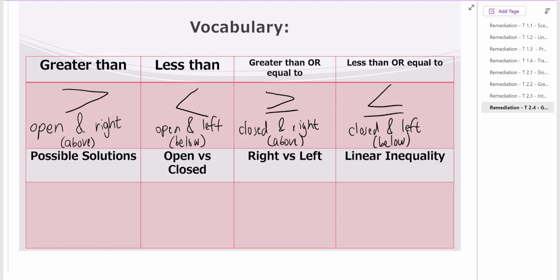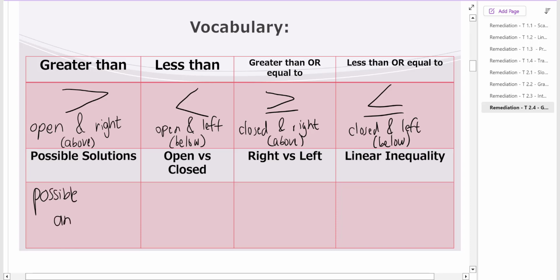Possible solutions are possible answers. So possible solutions es las soluciones posibles. Open versus closed. This is an open point.